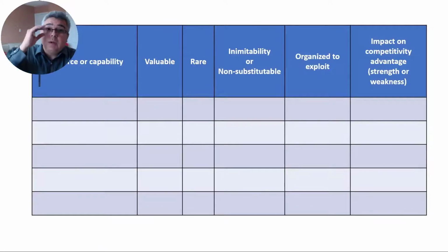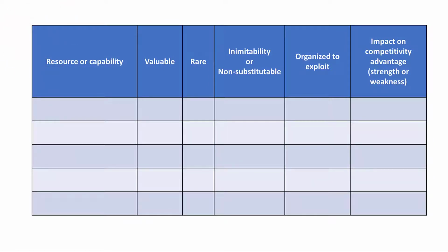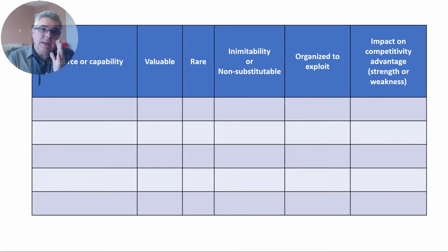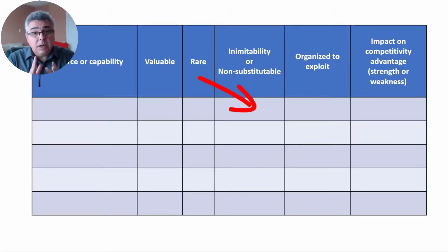And here is the table that I usually give to my students. After doing the value chain analysis, they list some resources and capabilities that they think are the most critical, the most important for that company. Then they try to understand how valuable those resources and capabilities are to the customers, how rare they are, how difficult to imitate they are, and if the company is well organized to exploit them.